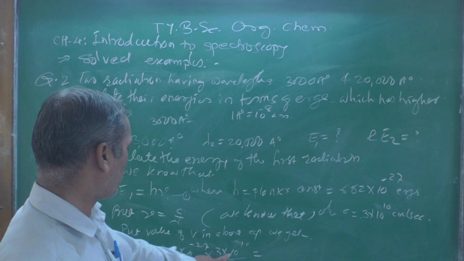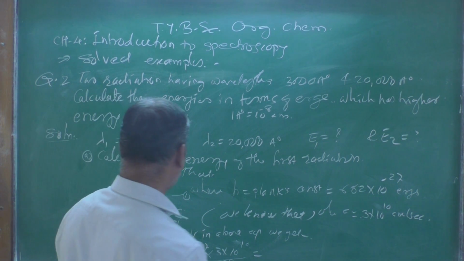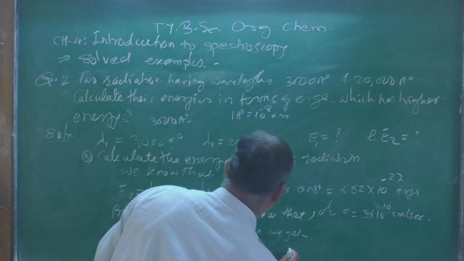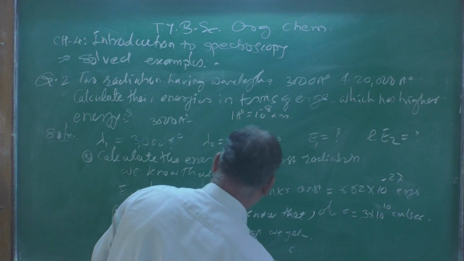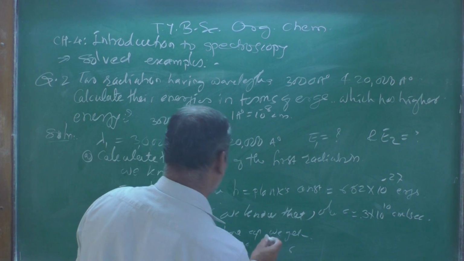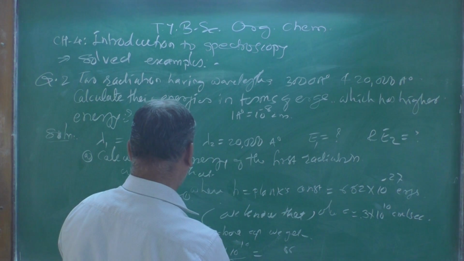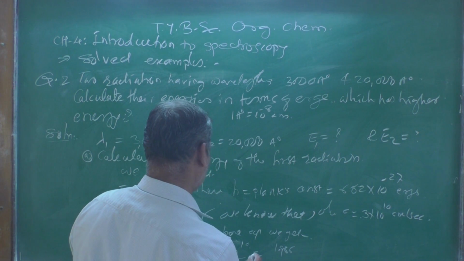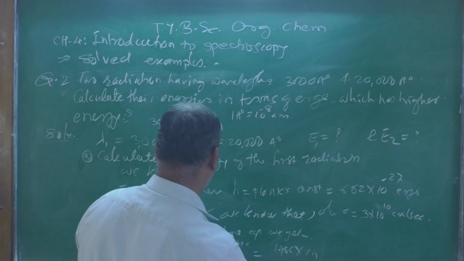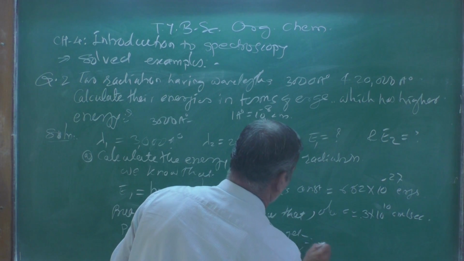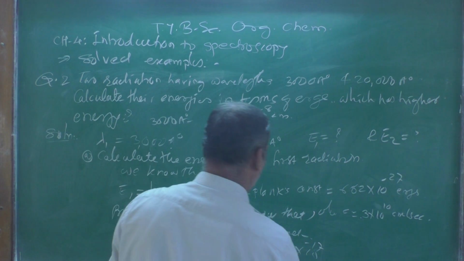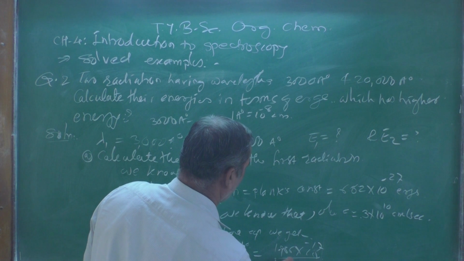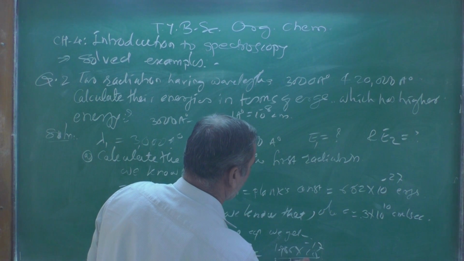If you multiply this, 6.62 into 3 gives about 1.986 into 10 raised to minus 17, divided by 3000, which means 3 into 10 raised to 3 into 10 raised to minus 8.